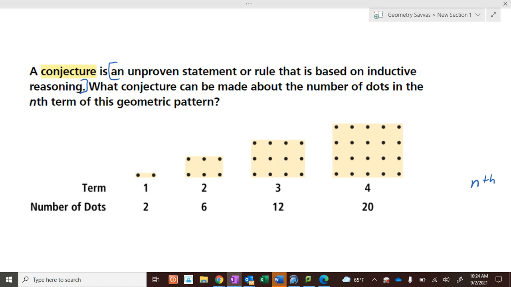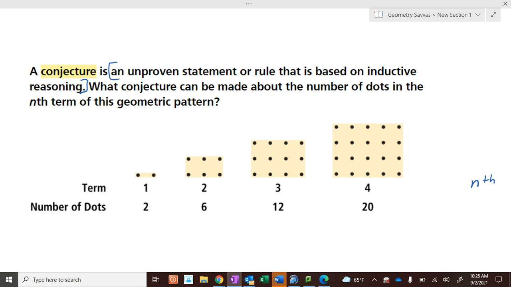Thomas? 60? I don't think 60. Not 25, Jack? Not 36, Mia? 30. There we go. It's 30.